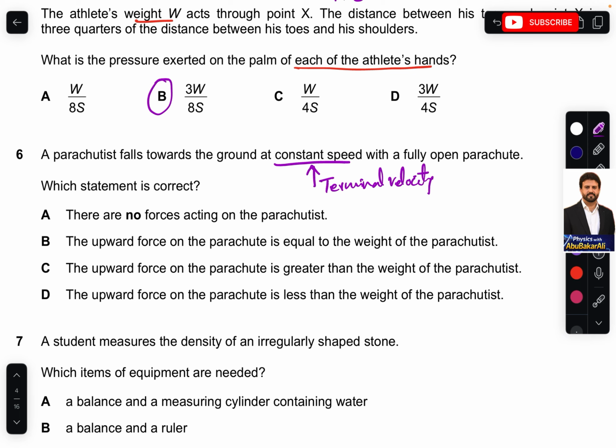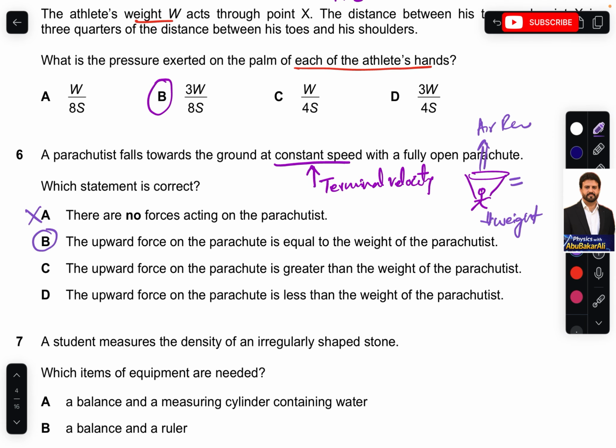If you remember, with the parachute and the person, the weight of the object will be exactly balanced by the air resistance force. They will be equal. So in option A, there are no forces acting on the object. That is false because there are forces. The upward force on the parachute is equal to the weight. Yes, that is correct. C is wrong, D is also wrong, as I have stated.